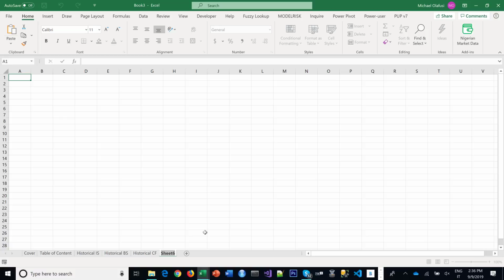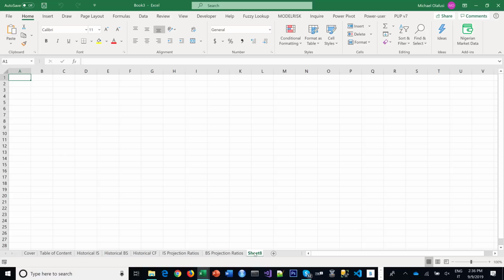Sometimes you might want to use multiple sheets, but for this demonstration I'm going to use one sheet for the income statement projection ratios. Similarly for the balance sheet projection ratios.